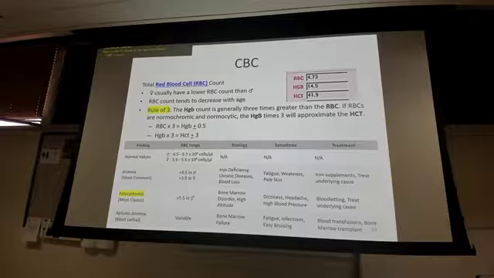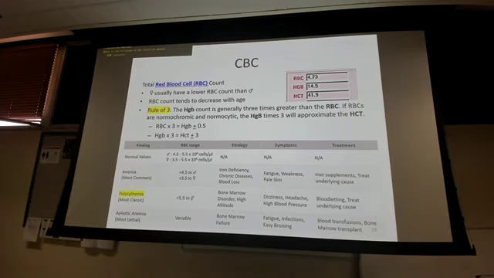The reason is that you all as PAs can do a hemoglobin test as a point of care test. If you get a hemoglobin result and it's low, and you can't get them a CBC at the time, you can get a roundabout of what their red blood cell count is and what their hematocrit is, based off that hemoglobin.